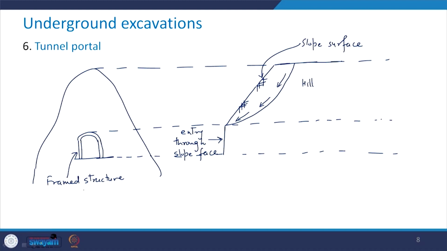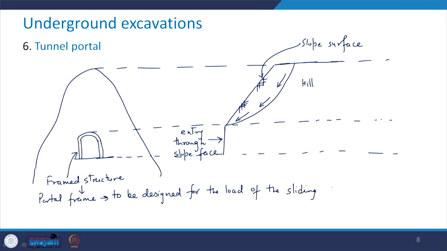So there is this framed structure which is called as the portal frame, and this should be designed for the load of the sliding hill mass in case the hill is unstable.